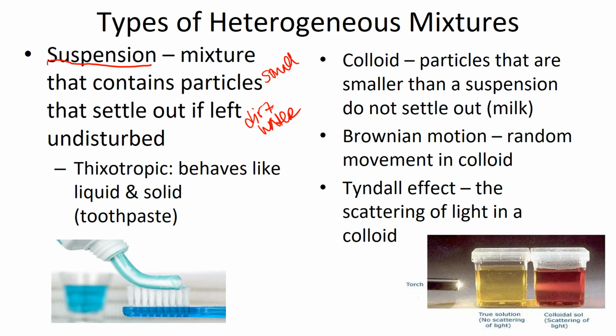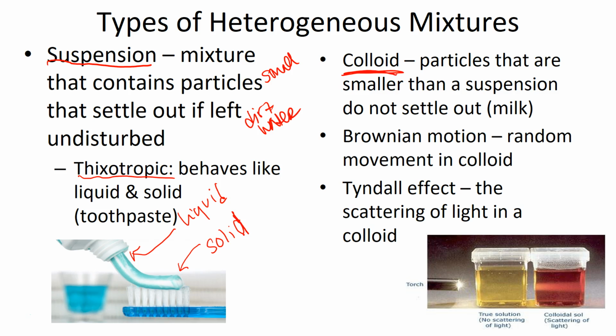And a type of suspension is thixotropic, which my pronunciation of that may or may not be correct. But basically it behaves like a liquid and a solid. So, for example, toothpaste here. Toothpaste, when it comes out of the tube, flows like a liquid, okay? But when it's sitting on your brush, it acts like a solid.